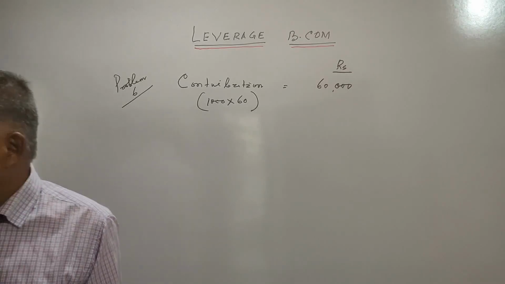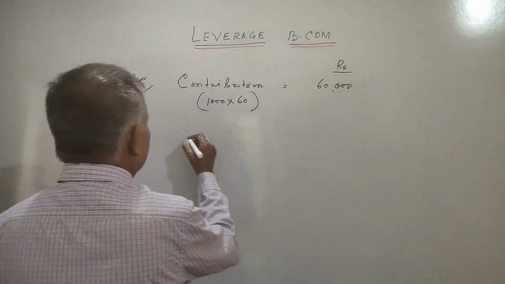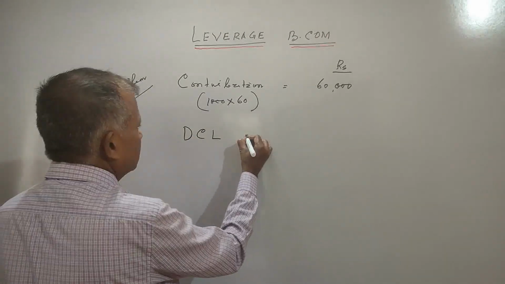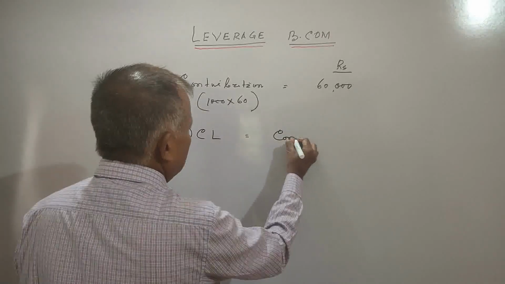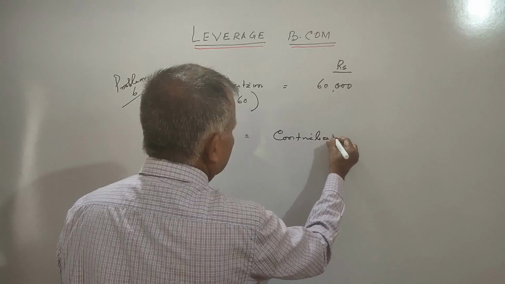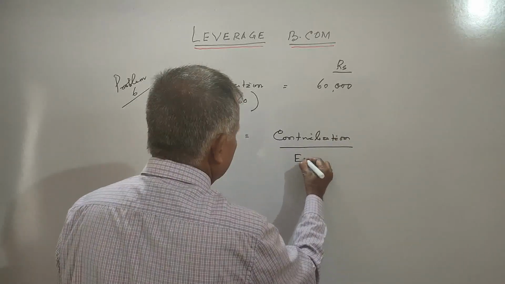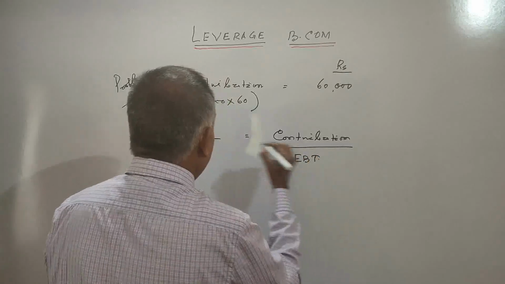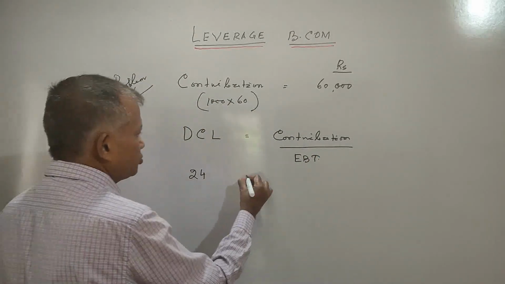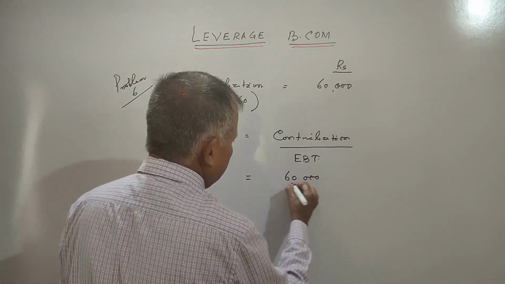They have given you the combined leverage 24. Degree of combined leverage is equal to contribution by EBT. And here the degree of combined leverage is 24, contribution 60,000.